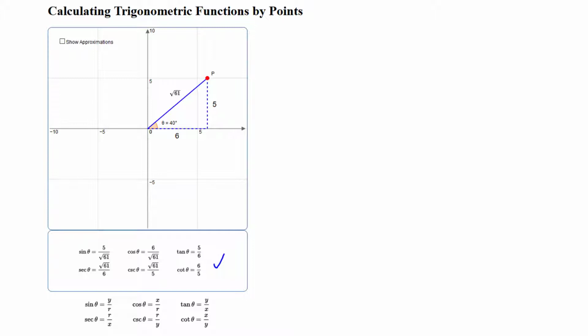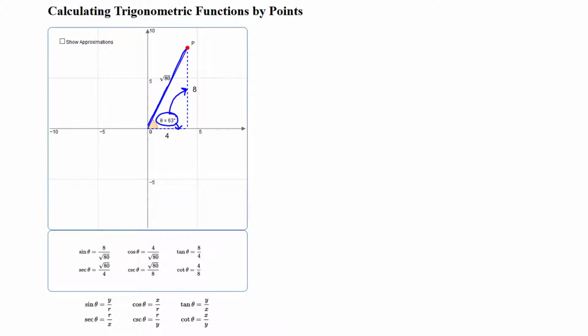So for any point P, these will change based off of where I move my point to. So let's move my point here. So if you'll notice, theta is my observed angle. This would be my opposite side of theta, and this is my adjacent. And then, of course, this is my hypotenuse right along here.